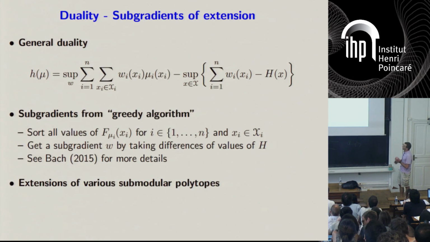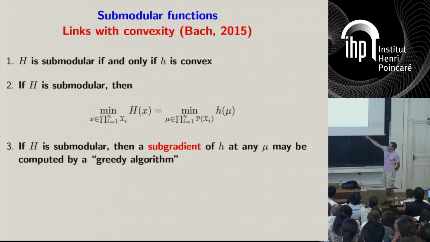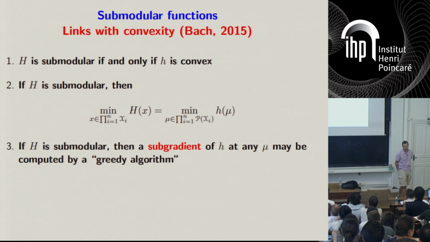Now, let me skip that. And now we're done, because what we can show, because of that link, is that my function is submodular if and only if the extension is convex. This is just applying this optimal transport result. We can show that minimizing the submodular function on the set is like doing this convex optimization problem. This is exactly the same result as before, but we went from the hypercube to all potential intervals.